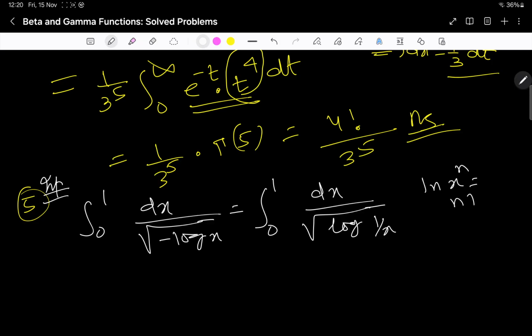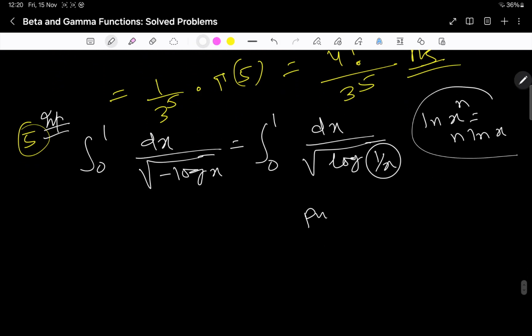Now you substitute 1 by x is equal to t, right? So whenever 0 is less than x less than 1, what will happen to this? It becomes infinity greater than t greater than 0, right?